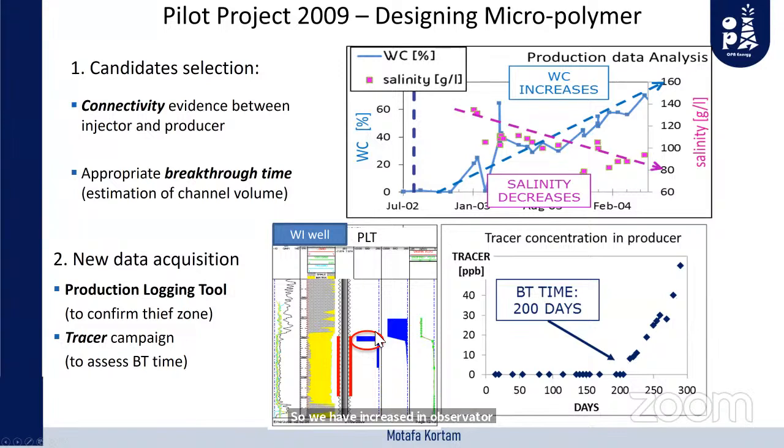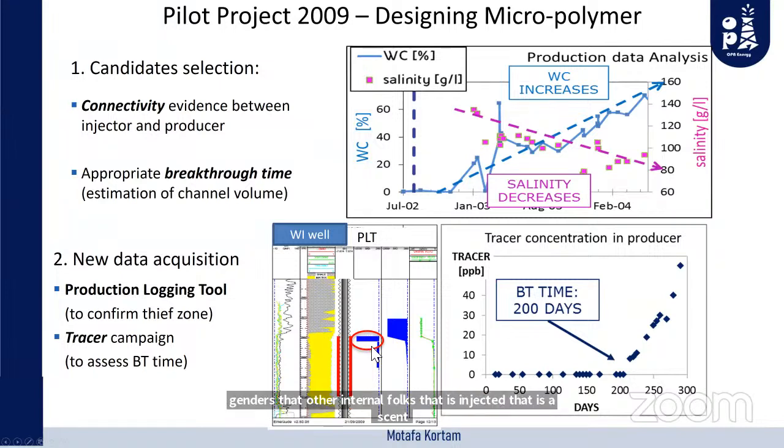We also recorded a BLT. We found a high perm streak, different from the other intervals, in a sand whose whole interval is perforated. The injection only goes to the upper interval, like 20% or 10%, and the other 90% nearly doesn't receive anything.